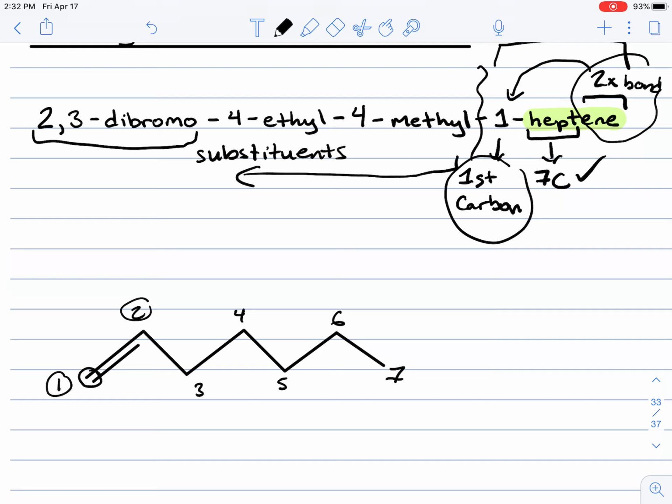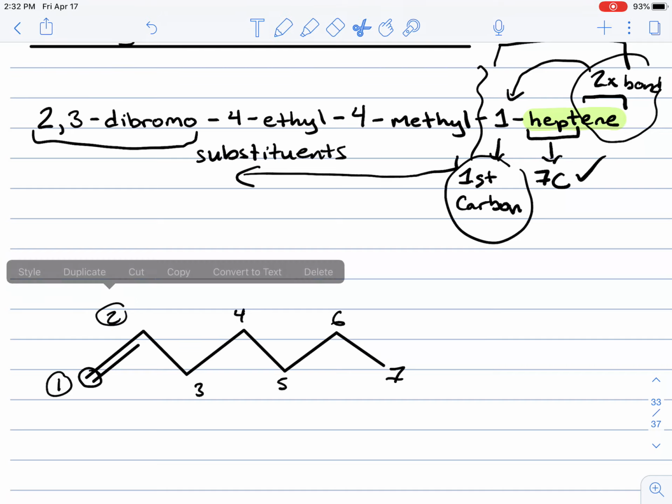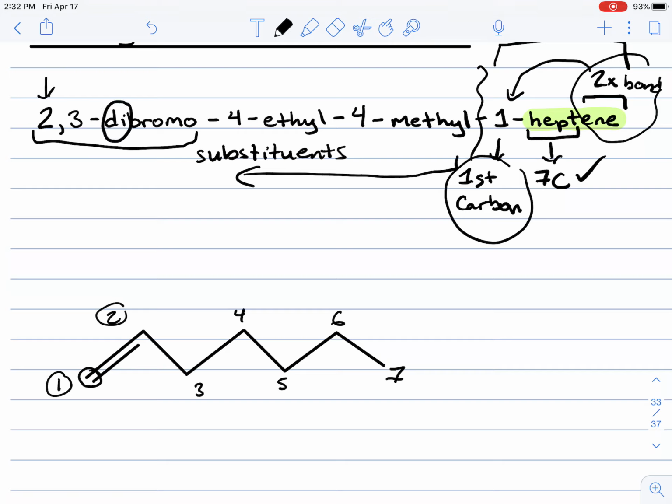Now that I've labeled the carbon numbers on my parent chain, I'm going to start attaching substituents on these carbons. Here we have dibromo, so we have 2 bromines that we need to place.